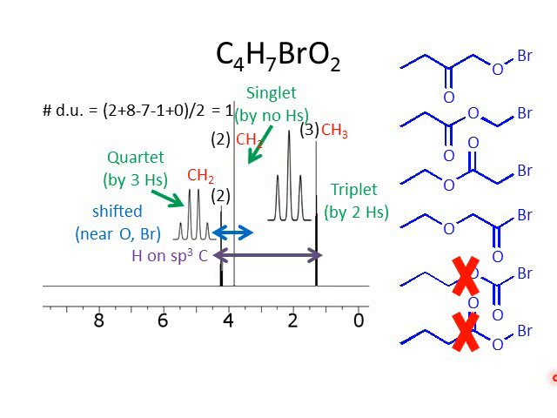This was a singlet. And notice, if it was either one of these, I'd have a CH3, a CH2, and a CH2 that were in a chain. The CH3 would be a triplet. This CH2 would be a triplet because it's next door to this. And then this would be a very complex pattern because it's next door to 3 hydrogens on that side and 2 hydrogens on that side.